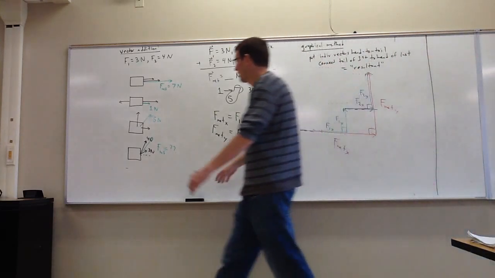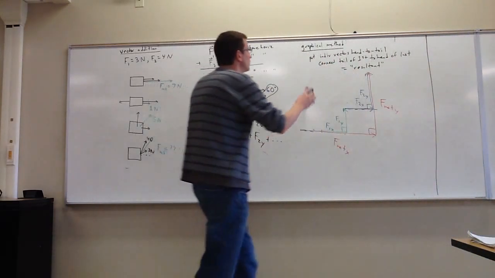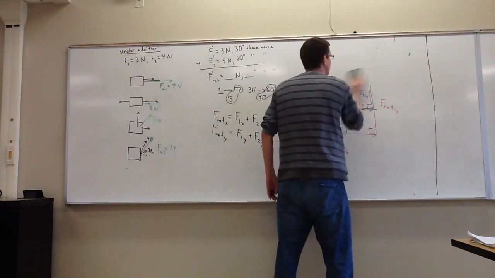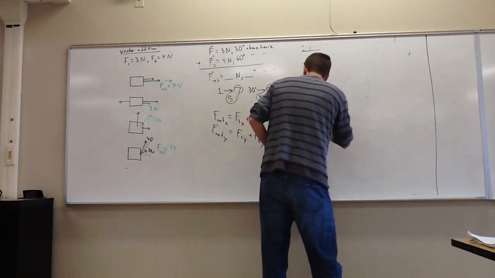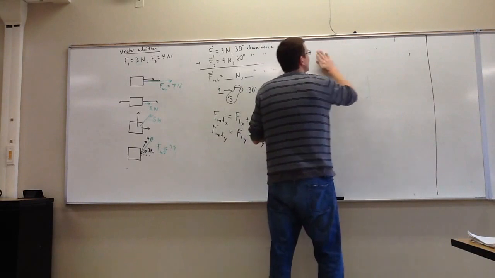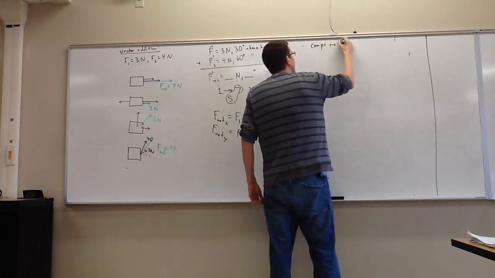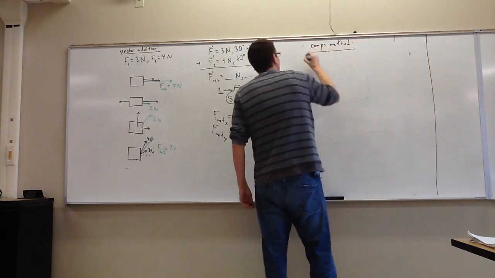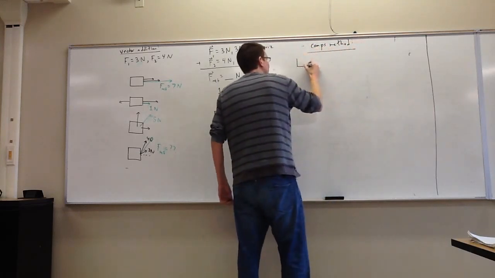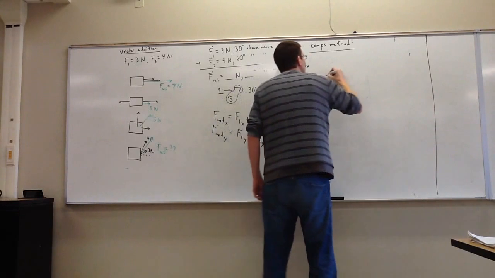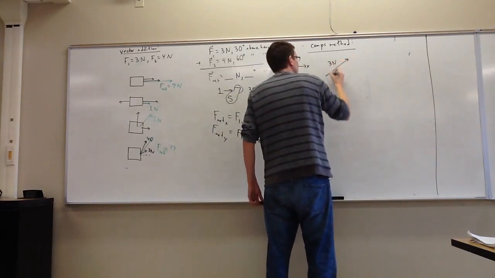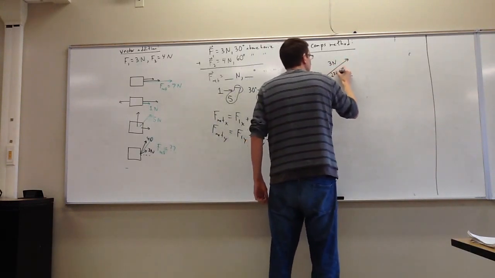All right, so let's try it out. So let's do vector addition by components. So the comps method. So I guess first of all, I'll go ahead and put down my first force, 3 newtons, 30 degrees.